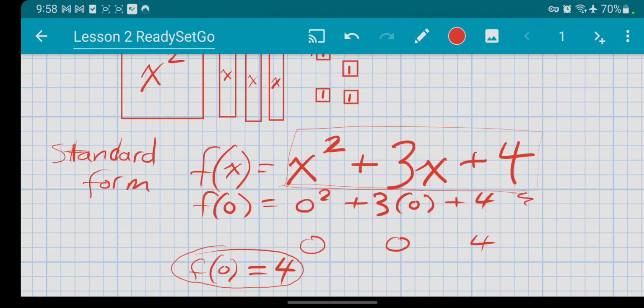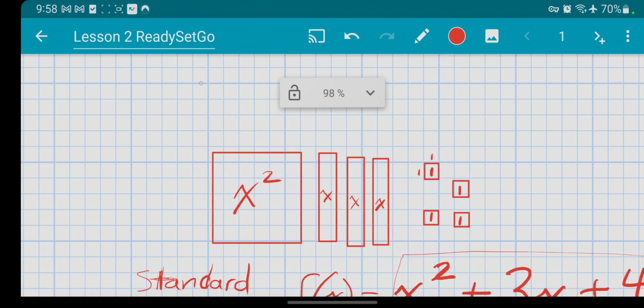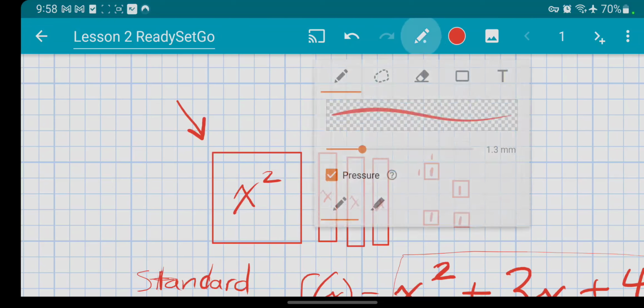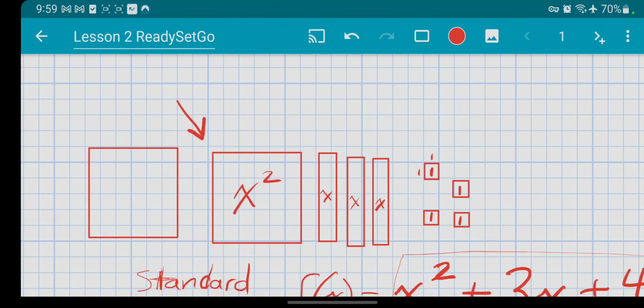For now, let's give these terms, their coefficients, some names. So the number of x squares, because imagine a different situation. So now this is going to be a different number where we had 2 x squared amounts. And let me throw in an extra x bar and an extra 1 by 1 block.